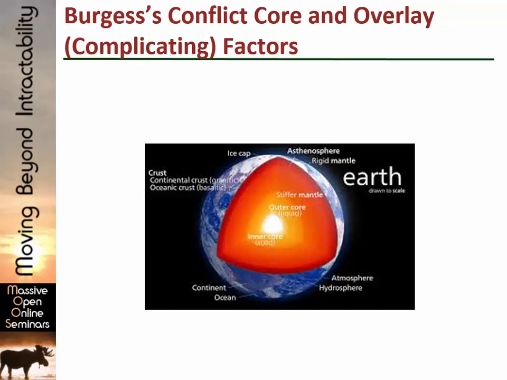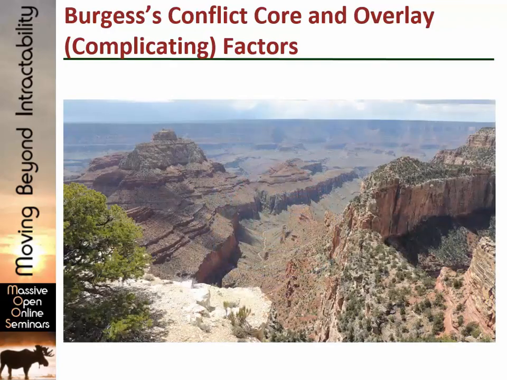But then there's lots and lots of layers that go over the core, and you can see layers here in the Grand Canyon. So there's all these layers of factors that obscure the core, make it harder to see, and make it more difficult to reach, to deal with.